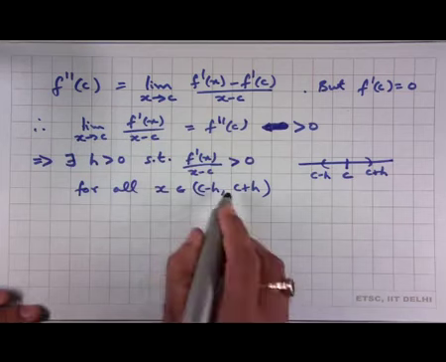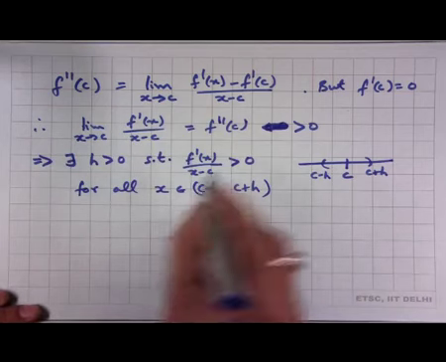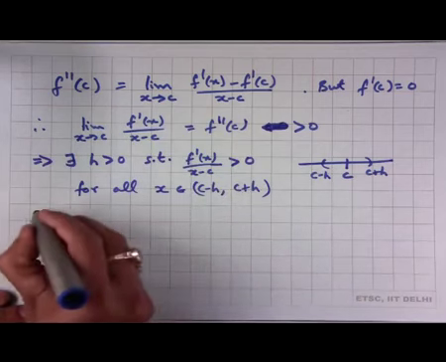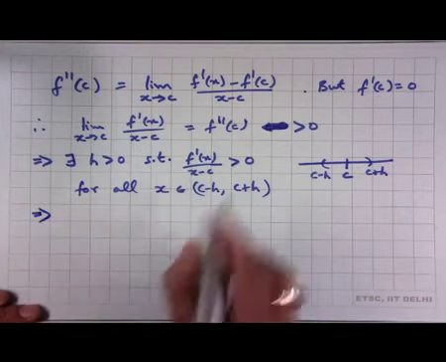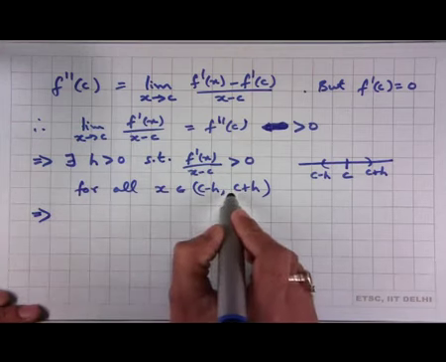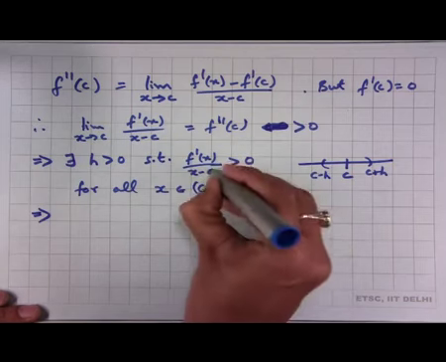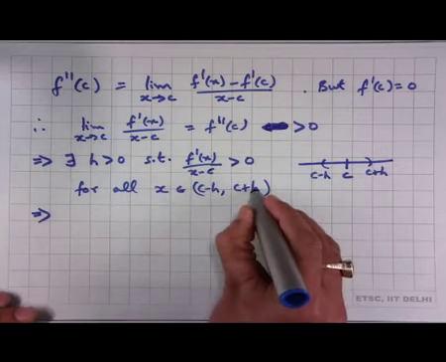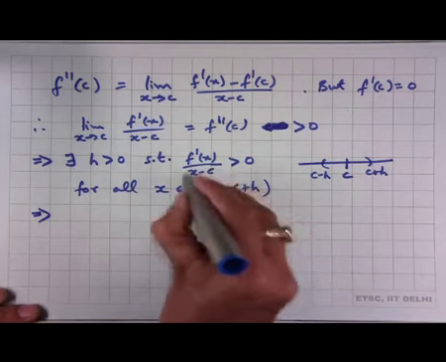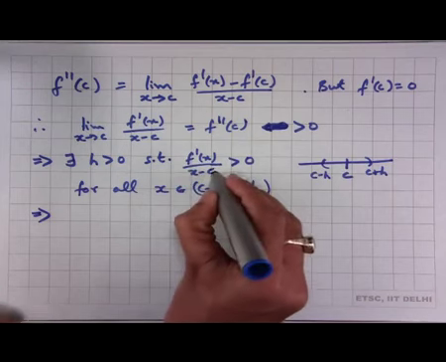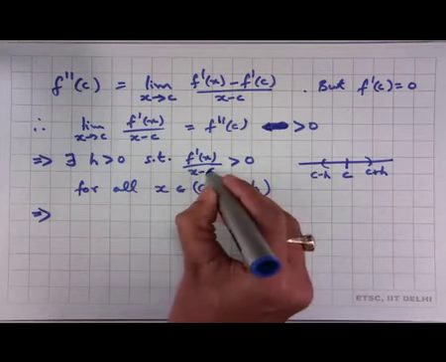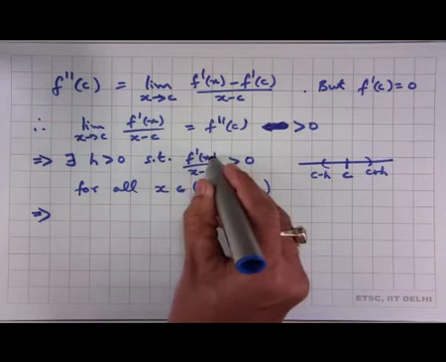What does that mean? This means that if x is bigger than c and less than c plus h, then the denominator x minus c is positive. So, that will mean that f prime x must be positive.